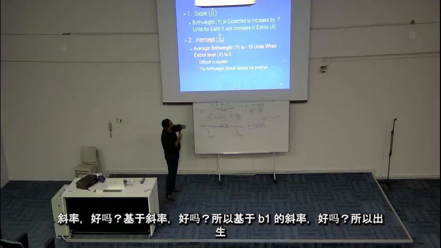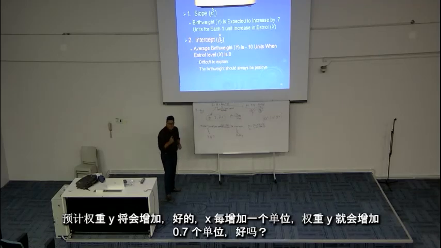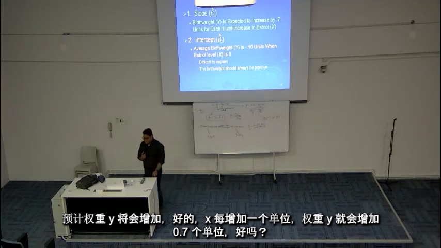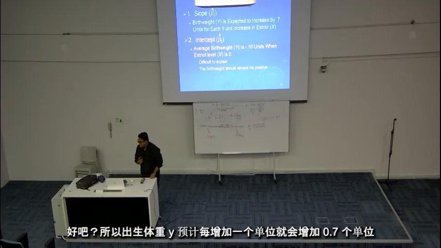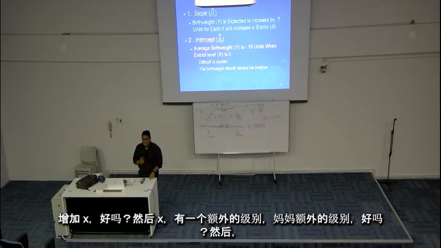The birth weight Y is expected to increase by 0.7 of a unit for each 1 unit increase in X, where X is the mother's estrogen level.